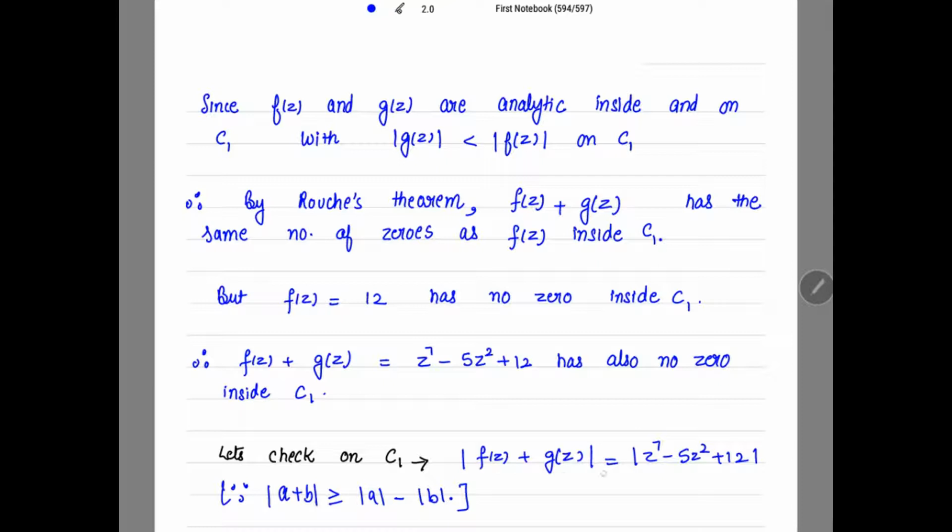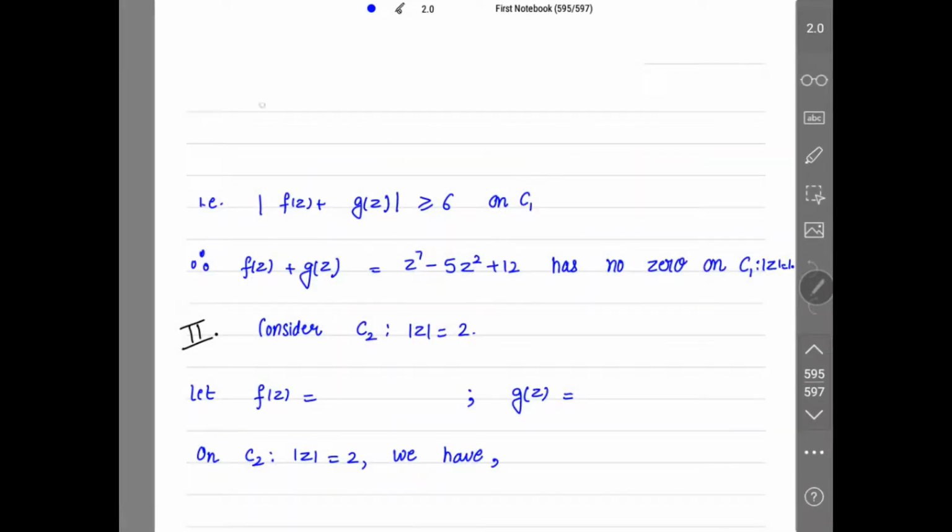Whenever you check this mod, you have to apply the form greater than or equal to, right? So this mod is greater than or equal to mod A minus mod B. So this further mod is greater than or equal to, I'm writing like this, 12 minus mod z to the power 7 minus 5 mod z square.